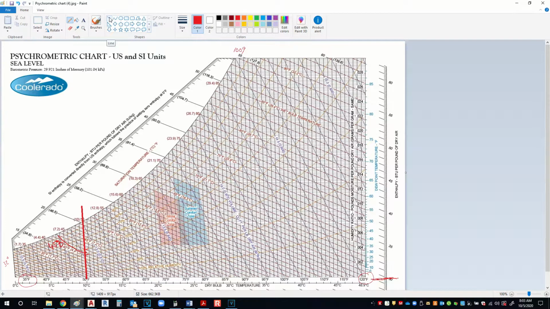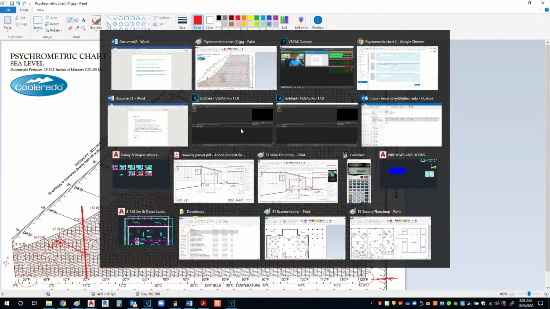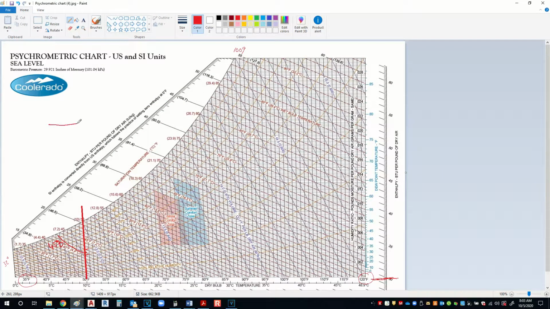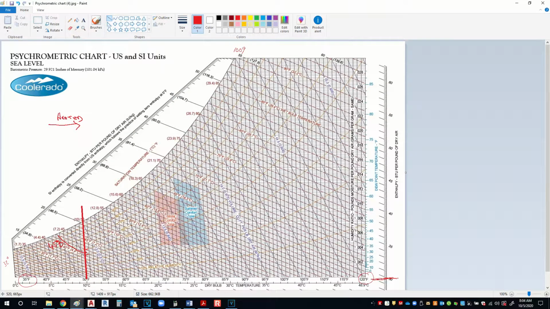We need to move to, okay, we're going to heat the house to 65 degrees. Remember that this way is heated. So we're going to go to 65 degrees.